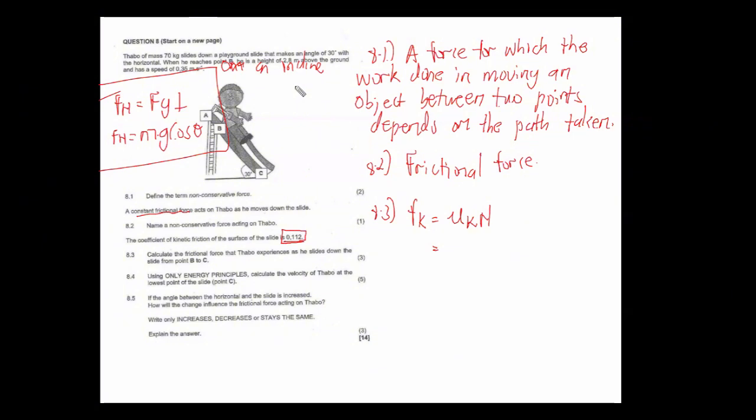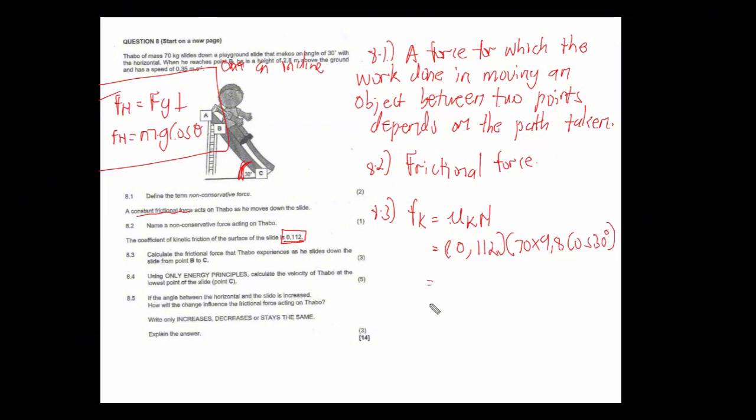So again, check out that video on Newton's second law. So 0.112, and then here we have mg cos theta. The mass is 70. Multiply that by 9.8 and then cos. The theta that we substitute here is the theta of the incline. Remember, we are applying Newton's second law, so the theta there is 30 degrees.